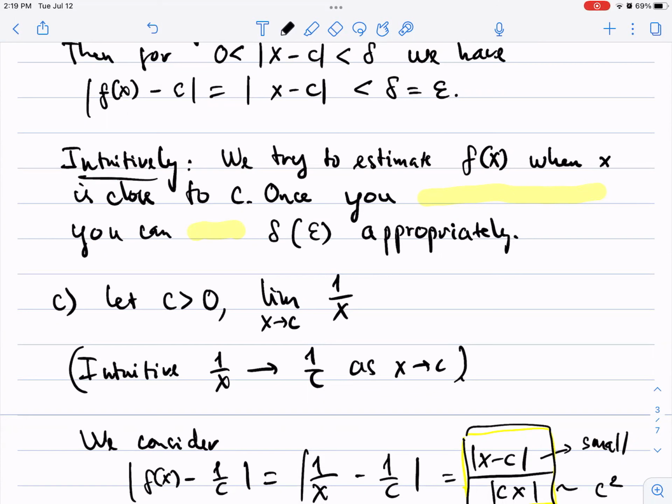Once you write some estimate, then you can choose delta depending on epsilon appropriately.